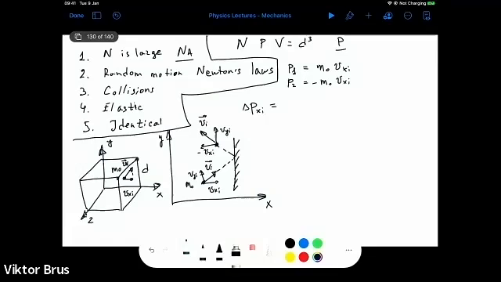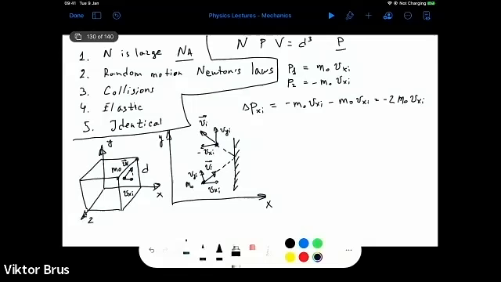So difference between final and initial momentum, minus m0 Vxi minus m0 Vxi, which is equal to minus 2 m0 Vxi. Okay, so we got the change in momentum because of collision with the wall.